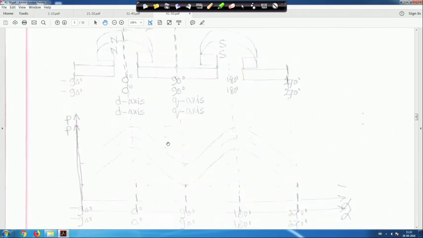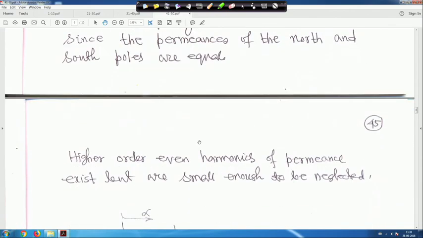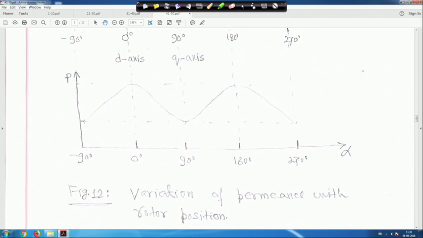And if you put alpha equal to minus 90 degree, it will be cos 180 degree, so it will be P0 minus P2. So this is the minimum, this is the maximum, and it is a double frequency sine curve. So this is the variation of permeance with rotor position.